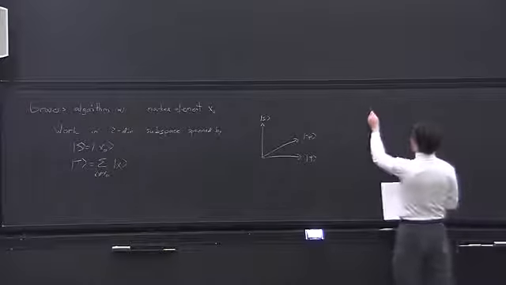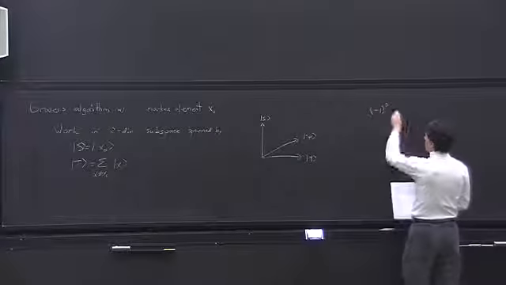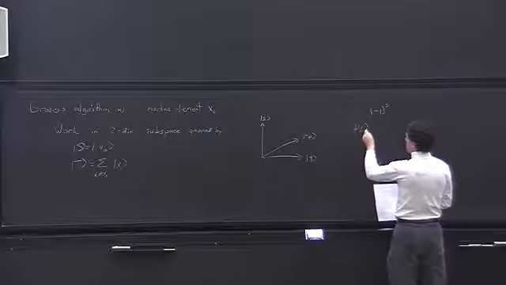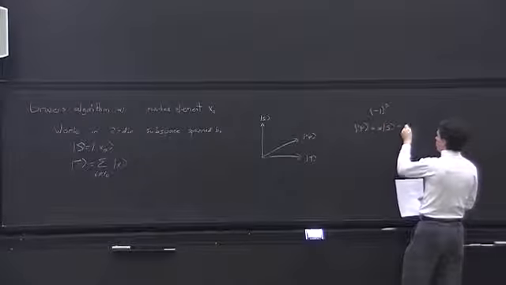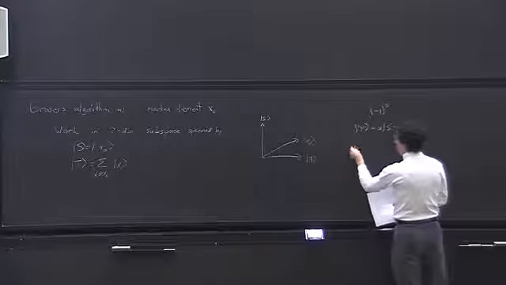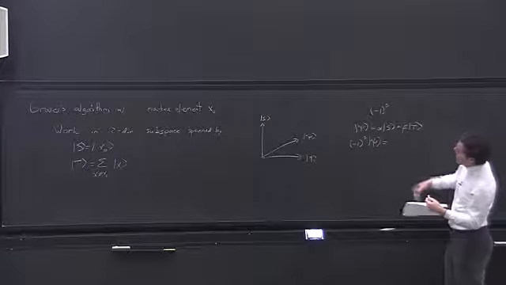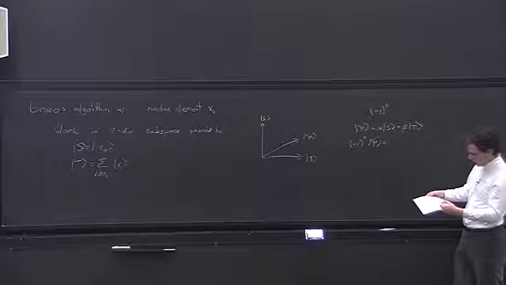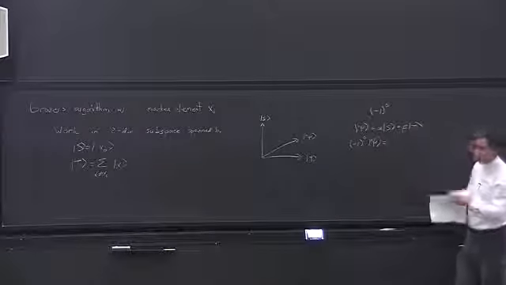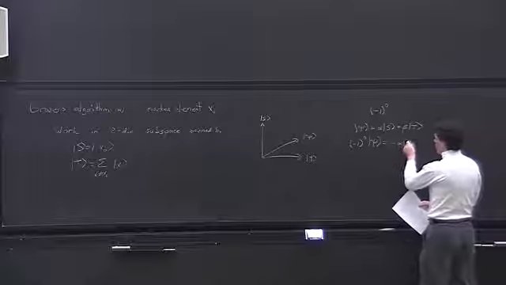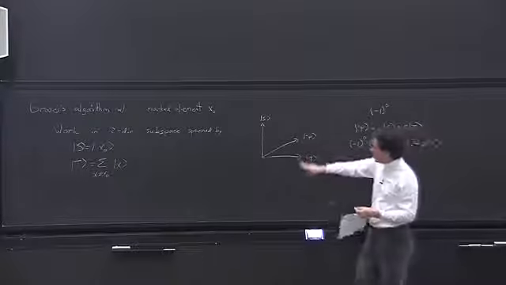So what does it do? You can call it (-1) to the O. And so if we have psi equal to alpha S plus beta T, then (-1) to the O applied to psi will give us a sign of -1 for S and +1 for T. So this will be minus alpha S plus beta T. And what is that going to be in this picture?